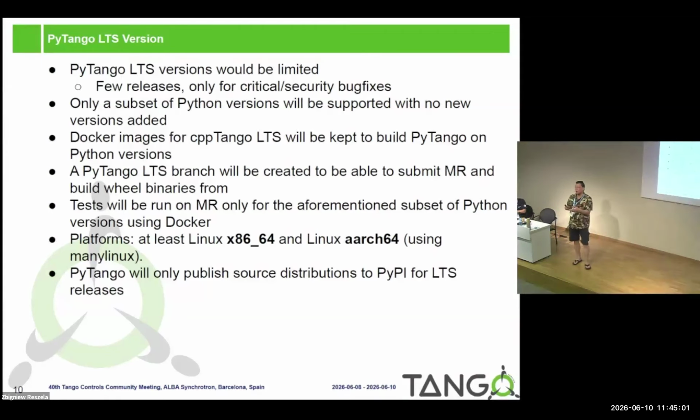Same goes for 32-bit Intel processors. And most importantly, we will only publish source distributions to PyPI for the LTS versions, depending on how much workload Benjamin has. Perhaps there are other versions that we are publishing, if you ask nicely.